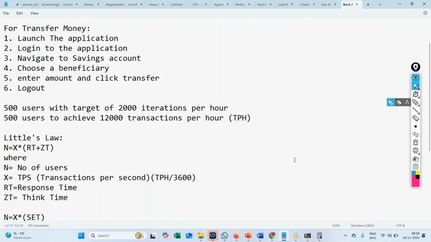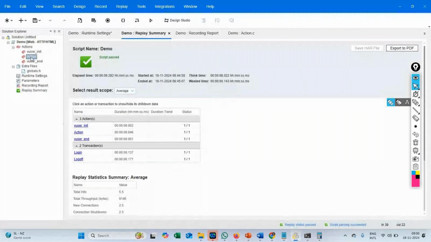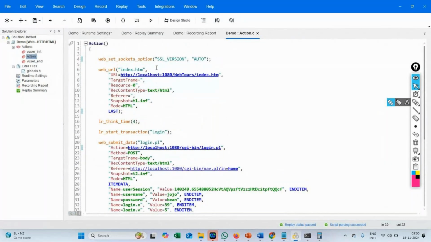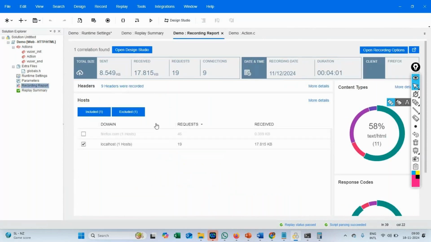So if you are not getting the email by tomorrow, what I'm going to do is one more practical session on how to record the entire flow, but I'll explain it in a little more detail. I'll tell you some tips and some recording features, what this recording report is, and what we should verify here.